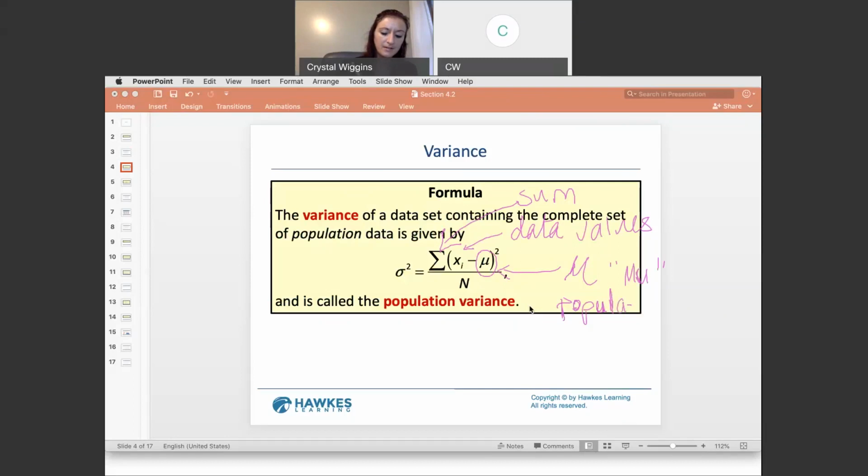This big N, we talked about this in my last video of 4.1. Big N represents the population size. I'm going to abbreviate population, POP, population size.